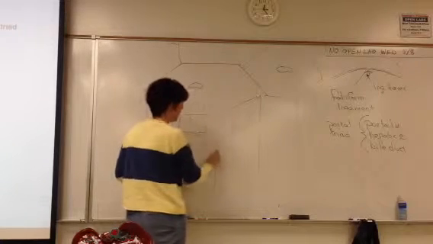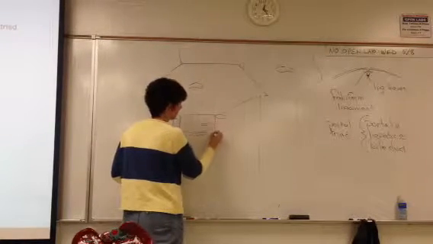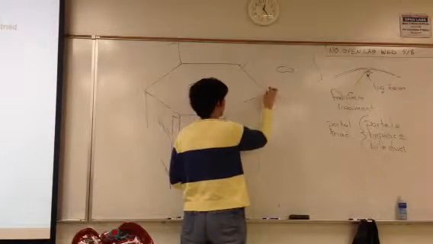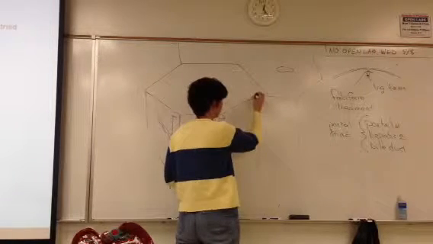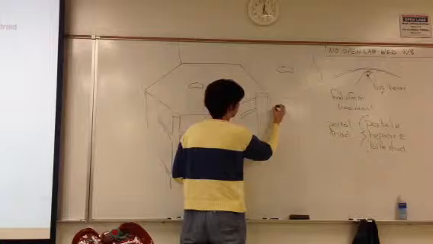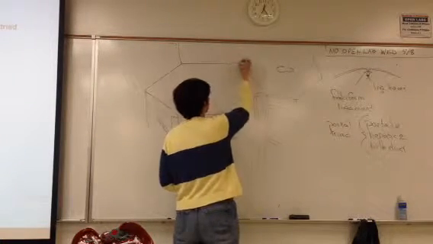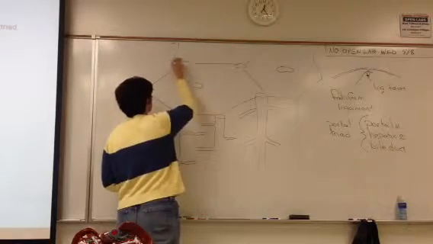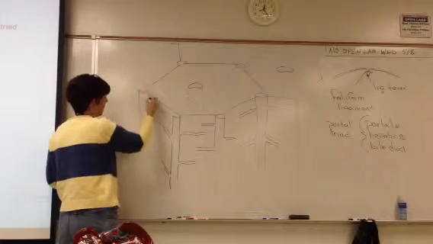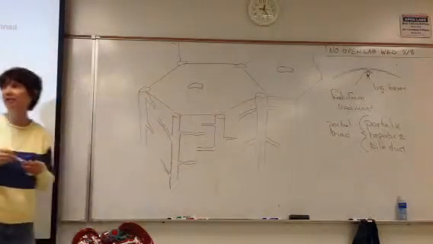And there would be another one here, and another one here, and one here, and one here. So each corner of the lobule is going to have a portal vein.